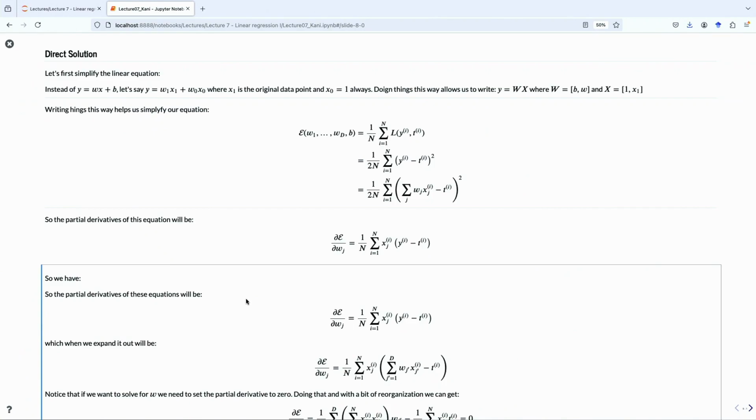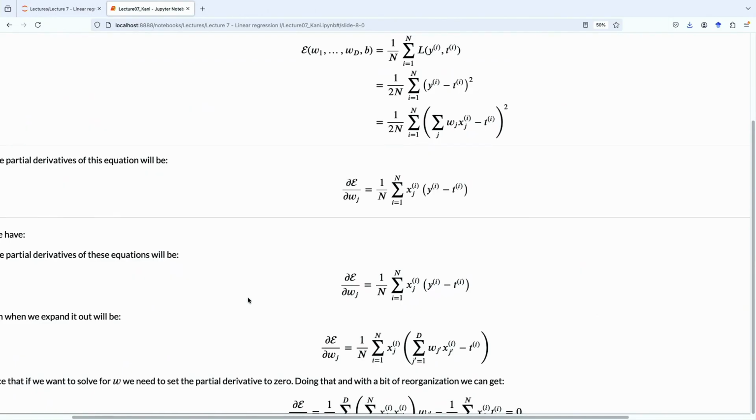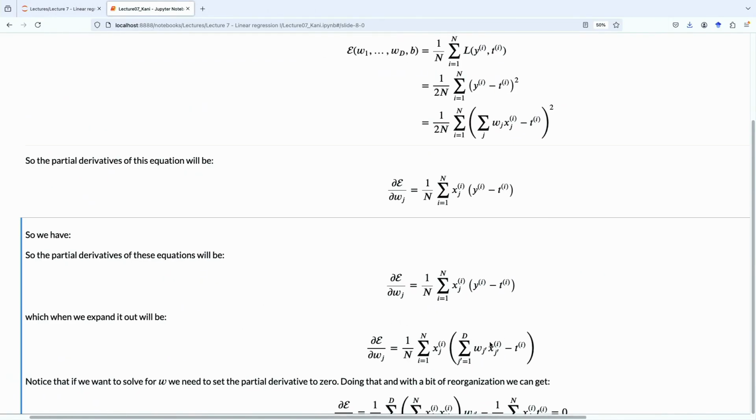And so we have the partial derivative of this function, like so. And when we expand it out, namely, when we expand y out, we get y is simply the sum over the number of dimensions of the linear function, w of j times x of j, for every data point, right?